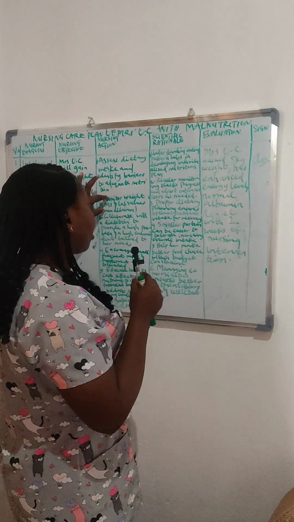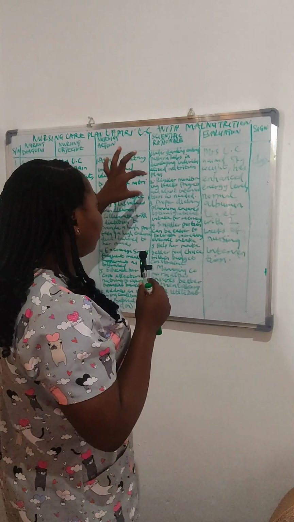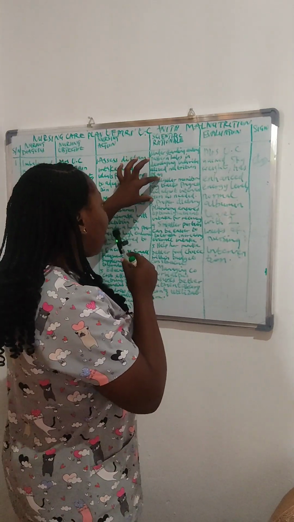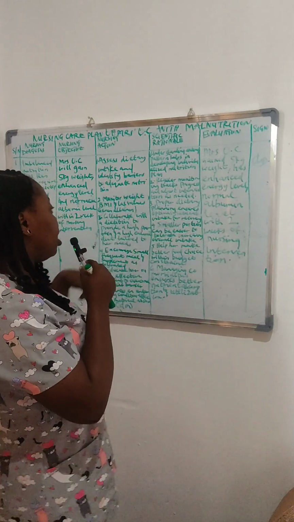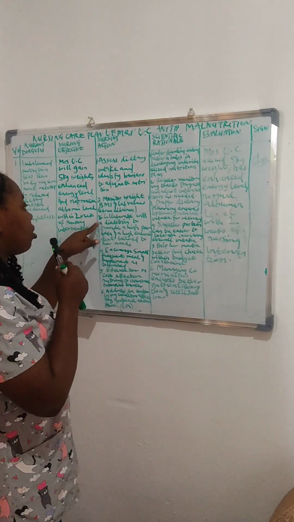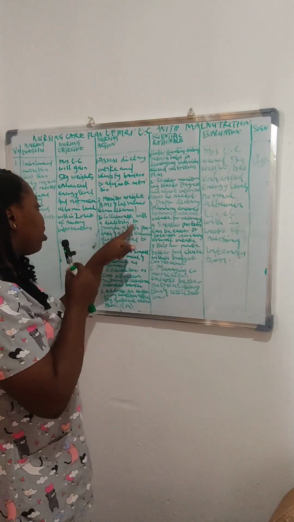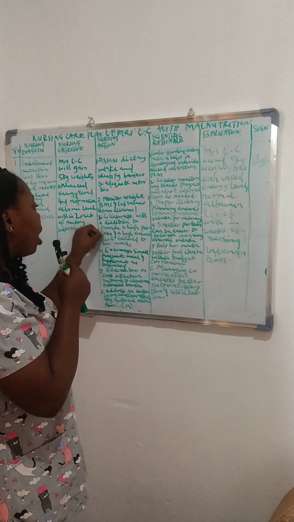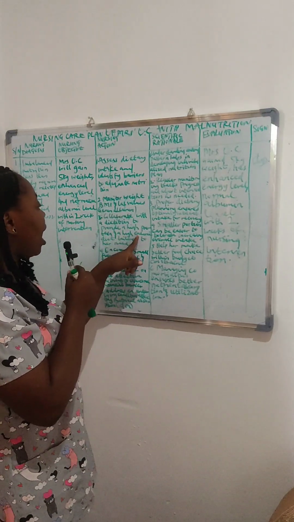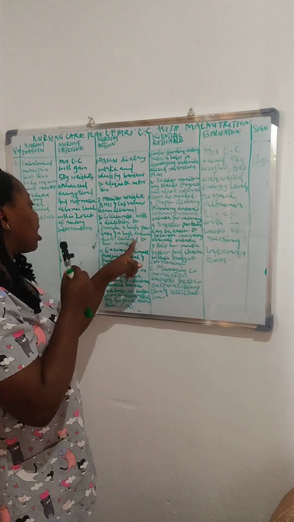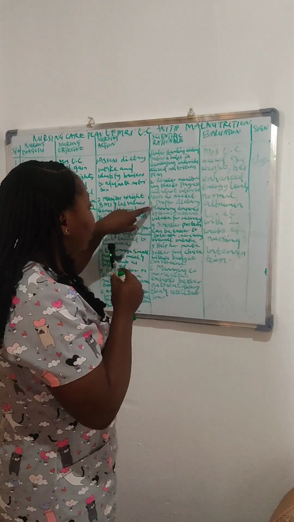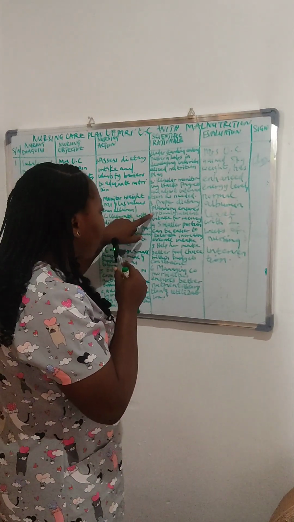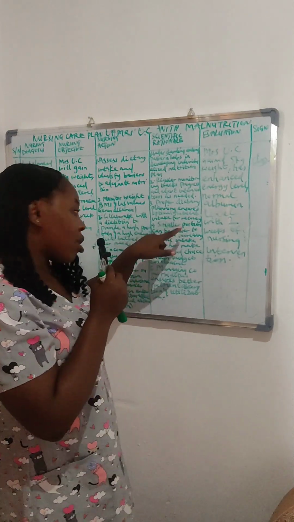The rationale for it is regular monitoring tracks progress and adjusts intervention as needed. Our third action now is collaborate with a dietitian to provide a high protein and high calorie diet tailored to her needs. Proper dietary planning ensures optimal nutrient intake for recovery.